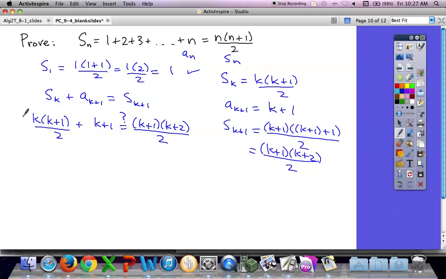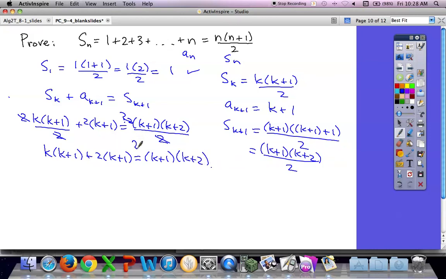Multiply this by 2, multiply this by 2, multiply this by 2. That cancels these two. And now we've got this: k times k plus 1 plus 2 times k plus 1 equals k plus 1 times k plus 2.